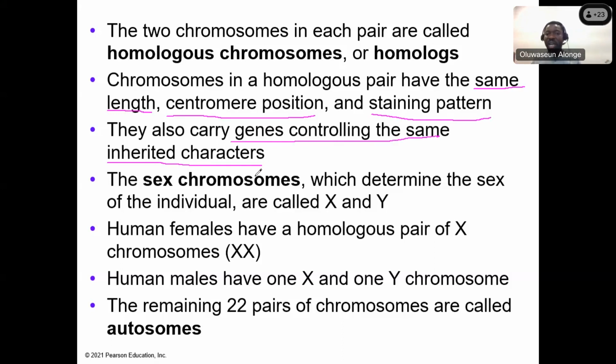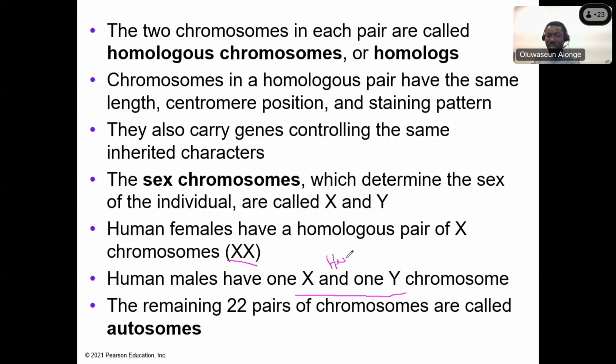All right. Now, the sex chromosomes, which determine the sex of the individual, are called X and Y. In females, we say that the chromosomes are homologous. In females it's X and X, and in males it is X and Y. So we usually say that males are hemizygous.